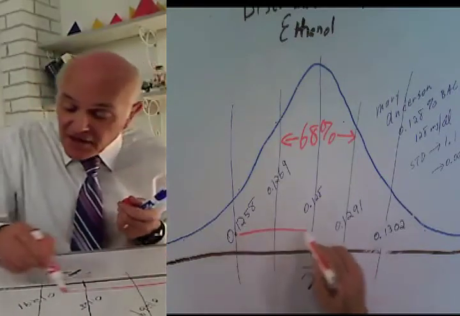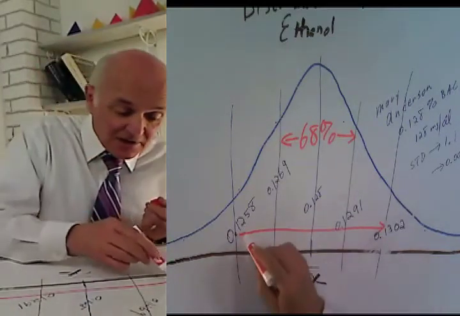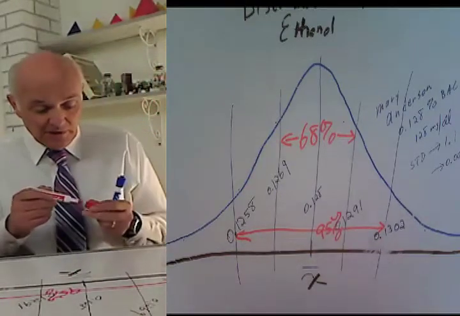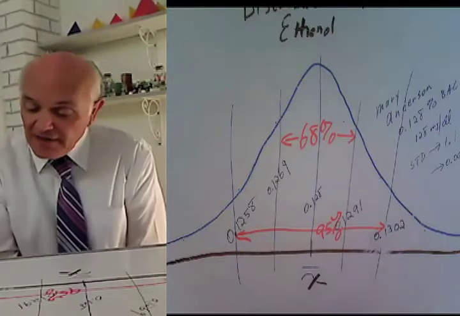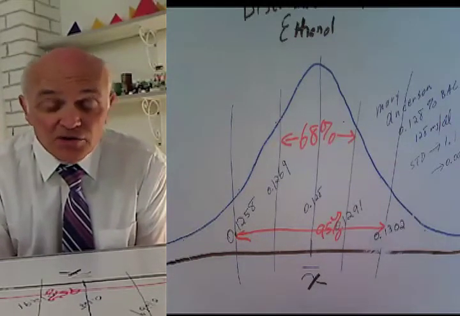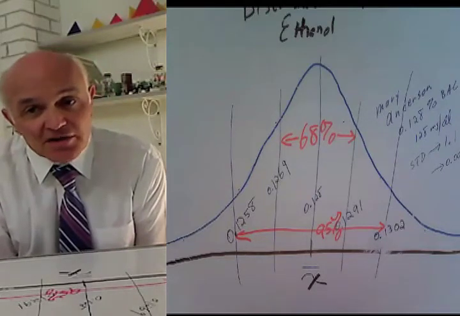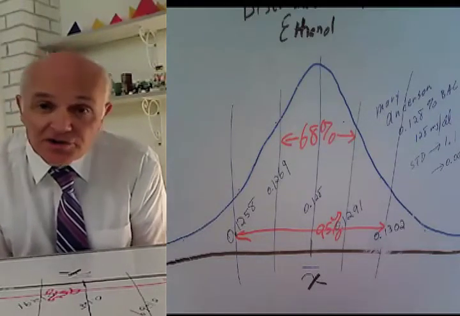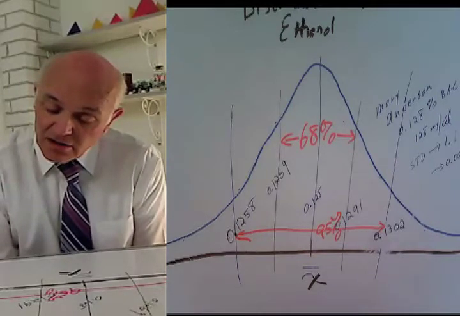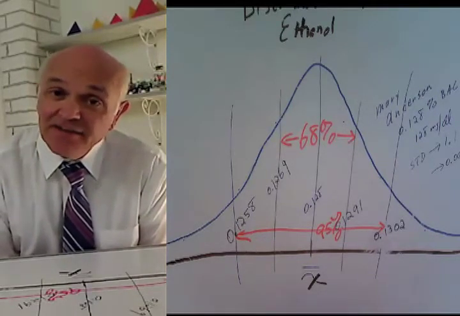And there's a 95% chance that it's between 0.1258 and 0.1302. So there's errors in the analysis. We know there's errors in the analysis. We also know that the errors are, in this context, not significant.